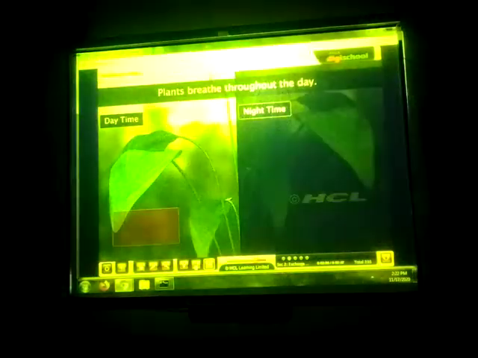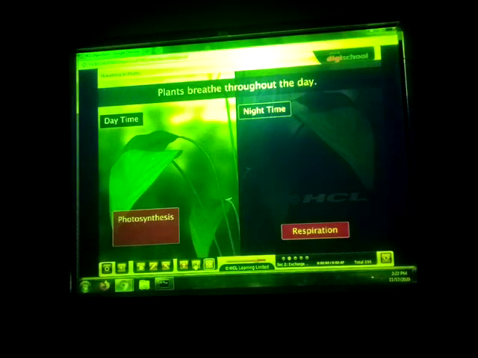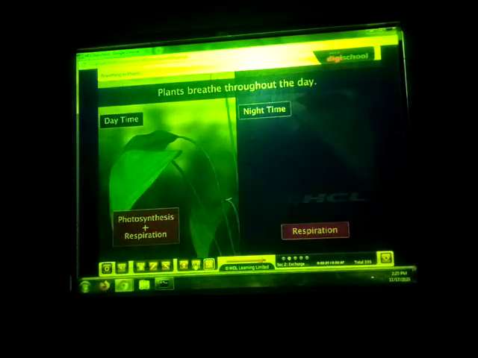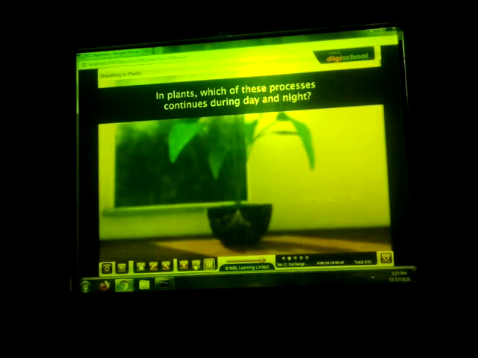A plant respires even during daytime, but it is difficult to demonstrate because at this time the processes of respiration and photosynthesis are taking place simultaneously. In plants, which of these processes continues during day and night? Photosynthesis, respiration.